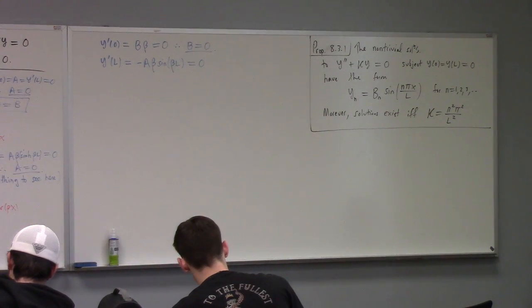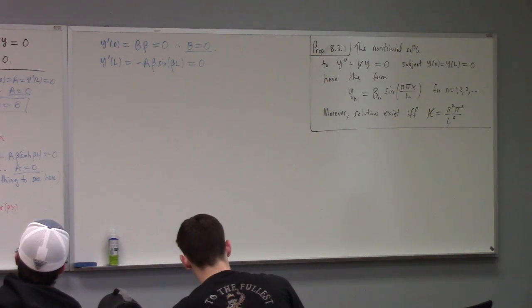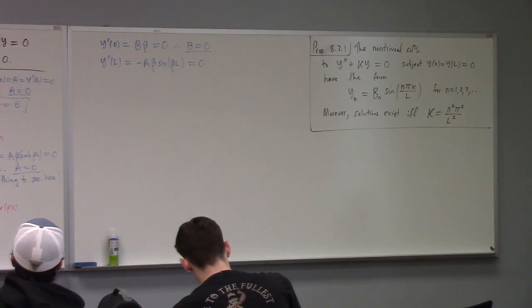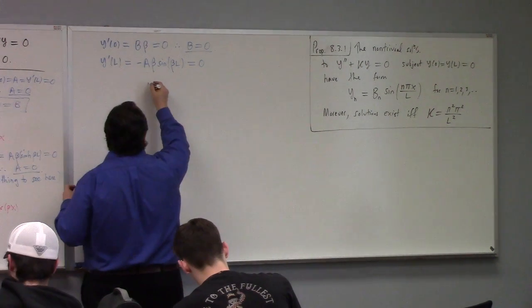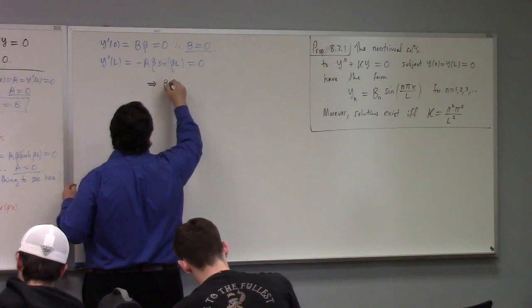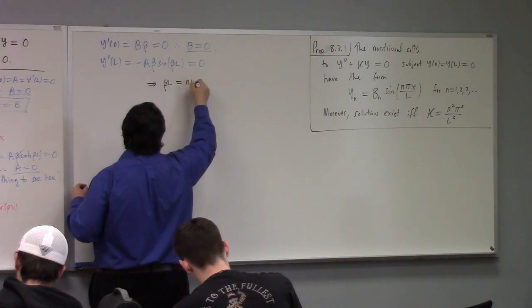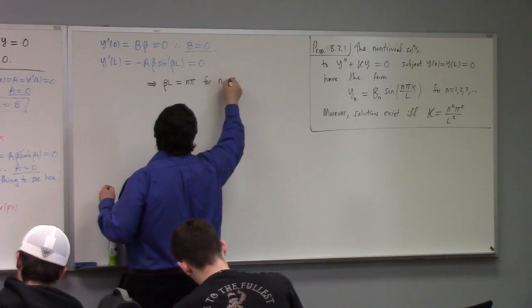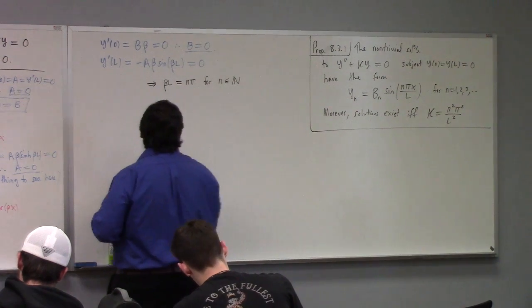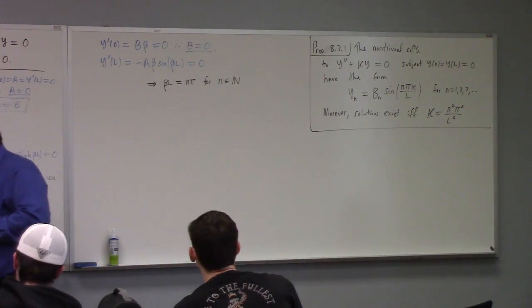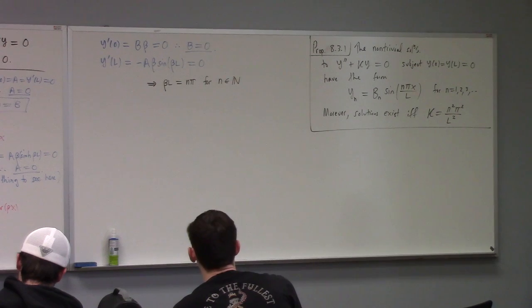Aha! We've run up against this in the previous discussion, right? How can we make this 0? We need beta L equal to n pi for some n in the integers, right? In order to get that to be 0.